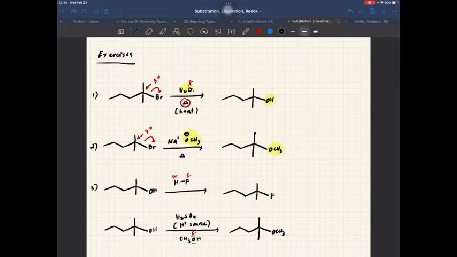The third example involves a tertiary alcohol. And in this example, we have a hydrogen ion source and a nucleophilic source, which is a fluoride anion coming from HF.